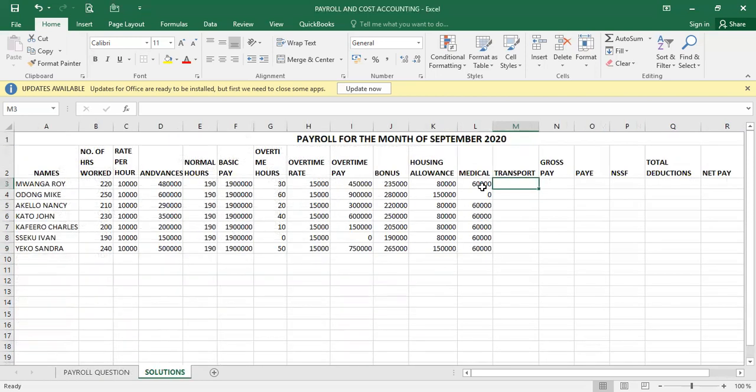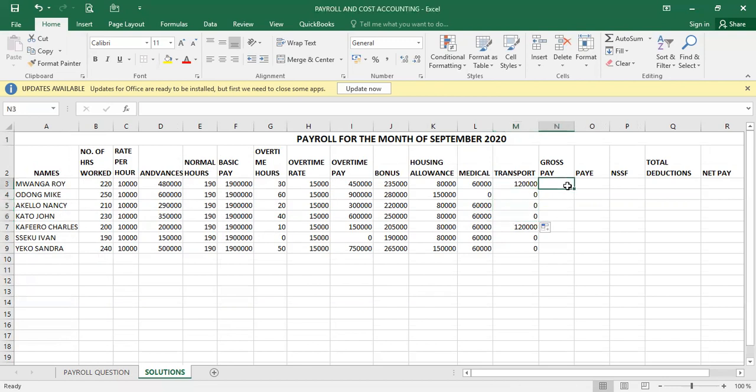So Mwanga is entitled to 120,000 and Chaus is also entitled to 120,000. These ones are supposed to receive 0.